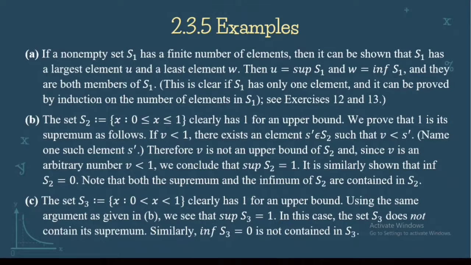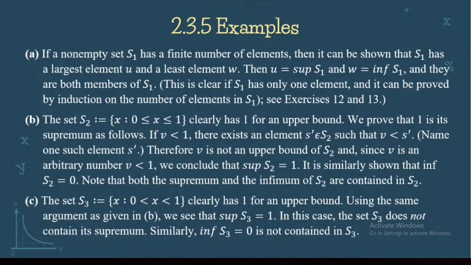The next example is the set S2, all x such that x is greater than or equal to 0 and less than or equal to 1, which clearly has 1 as an upper bound. We prove that 1 is the supremum as follows. If v is less than 1, there exists an element s' in S2 such that v is less than s'.